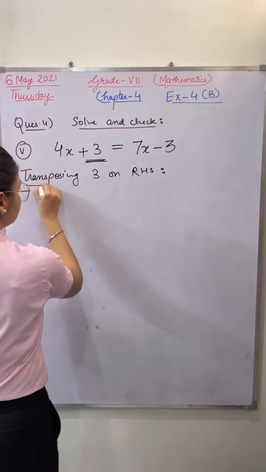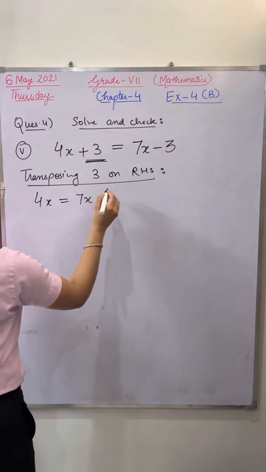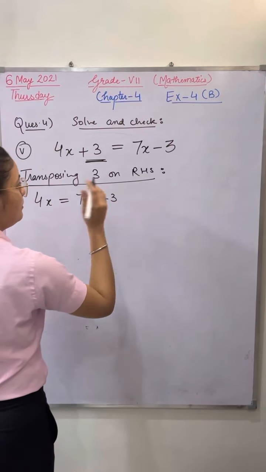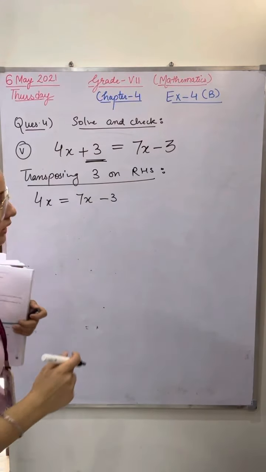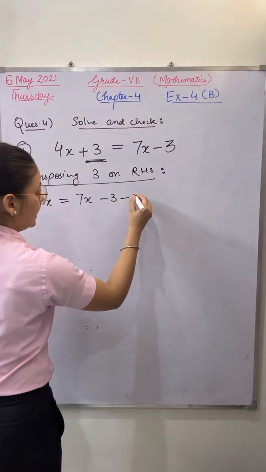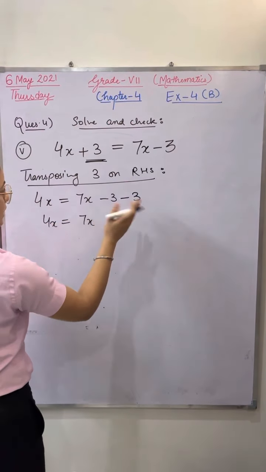Okay, just wait. 4x is equal to 7x, this is minus 3 and this will go to that side. It will become what? Plus 3. Plus 3 will go to the right hand side, it will become minus 3. So 4x is equal to 7x what?